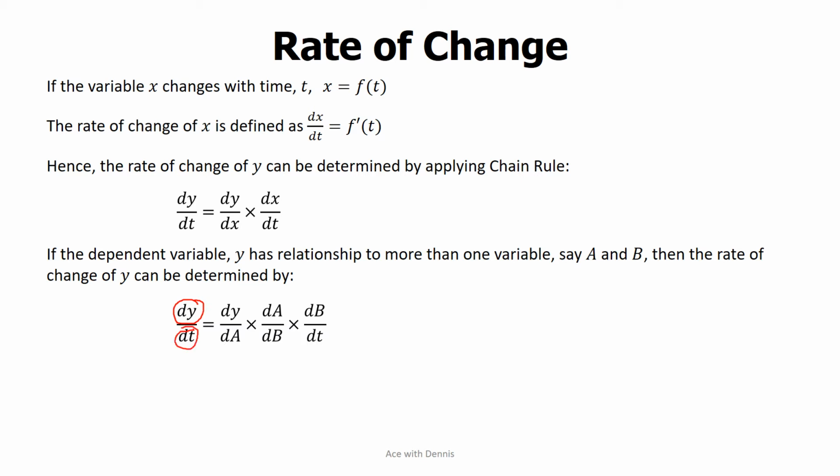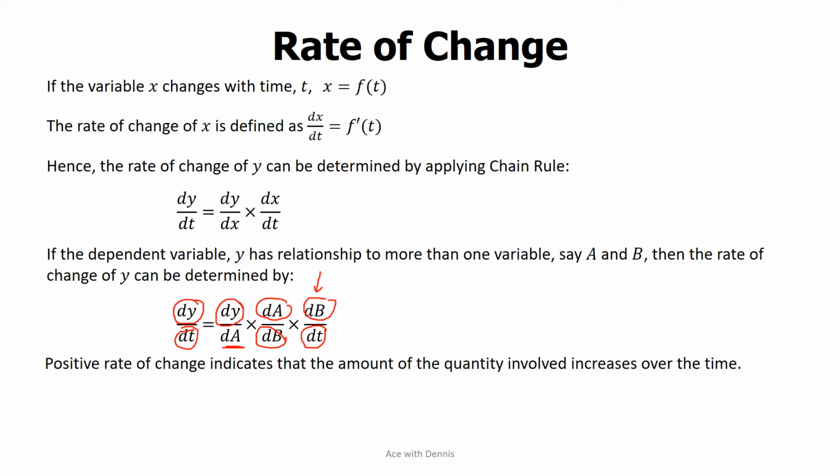So when we want to write the equation, it will start with dy and end with dt. Next, when it is over dA for the first differentiation, then the second differentiation must start with dA. And if the second differentiation is over dB, then the next differentiation must start with dB. Okay, so this is the chain rule.